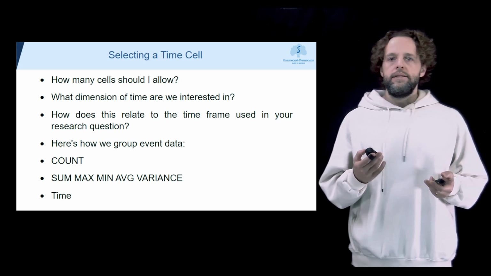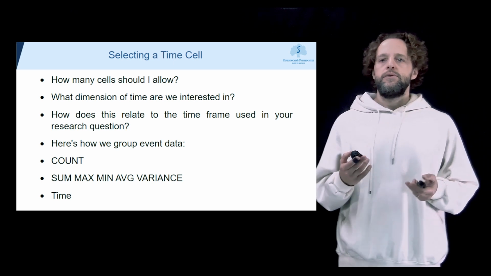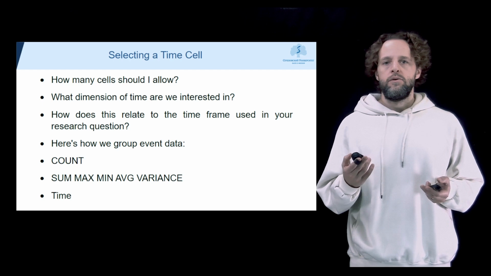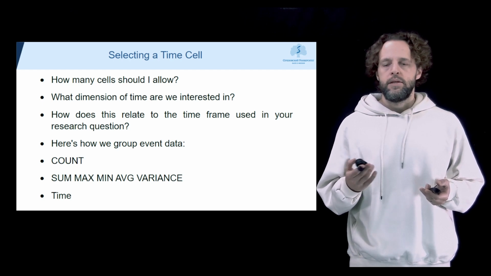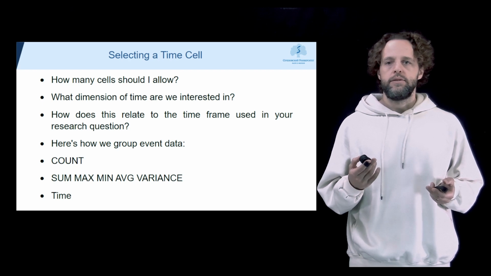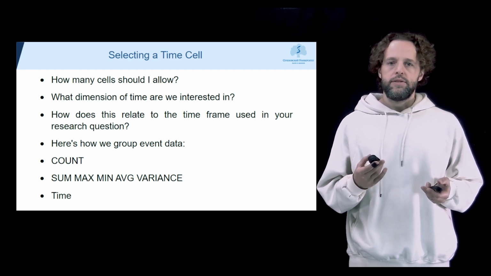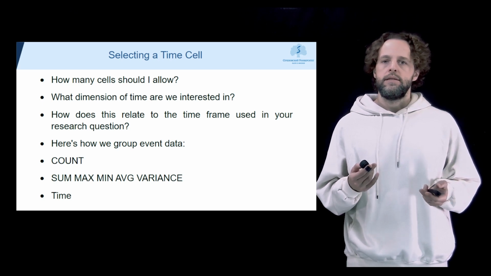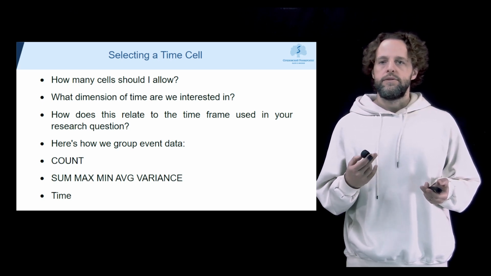We might be interested in the very first or last value among all the values in a cell, or the variance of values in a cell. This choice is determined by the research question and the clinical event of interest.